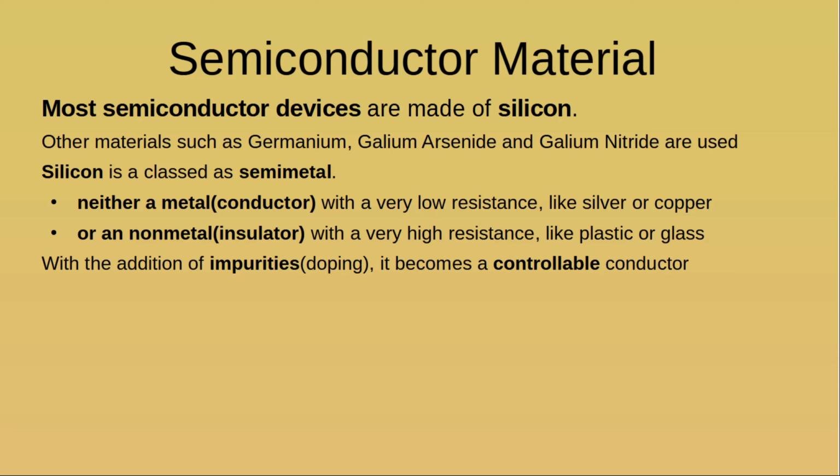If you dope it the other way, you can have it in the crystalline structure have excess free electrons. So that would be an N-type material, where P-type material would have excess holes, or basically atoms that have a missing electron. So it acts as a receptor, where the N-type material is a donor, supplying electrons.